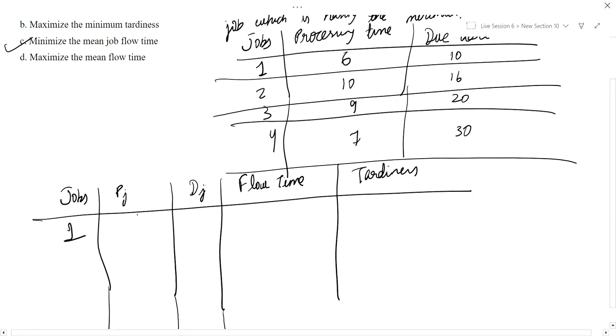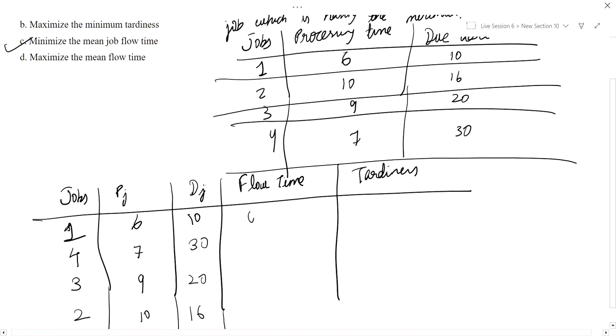The smallest one is 6, that is job 1. Next is 7, next is 9, next is 10. 7 is for the job 4, 9 is for job 3, and 10 is for job 2. The due date times are 10, 30, 20, 16.